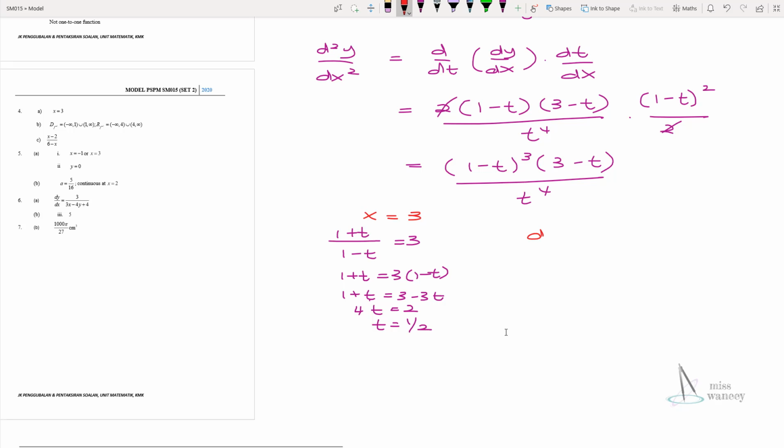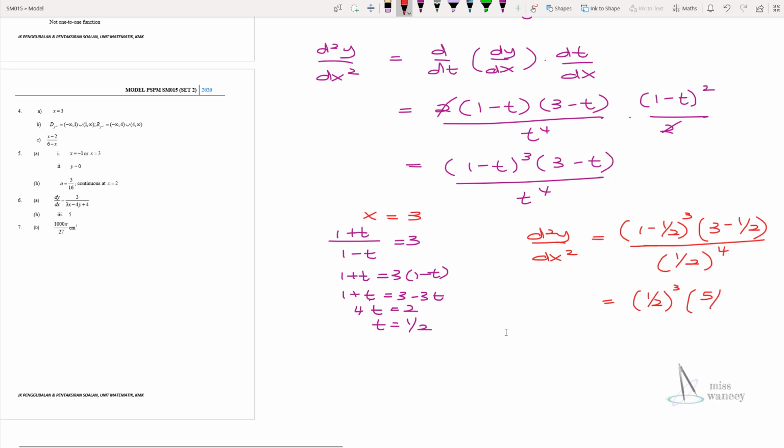Okay, so now d2y over dx square is equal to 1 minus half cube, and then 3 minus half over half to the power of 4. Okay, so 1 minus half, that is actually half to the power of 3. 3 minus half, so that is 5 over 2.